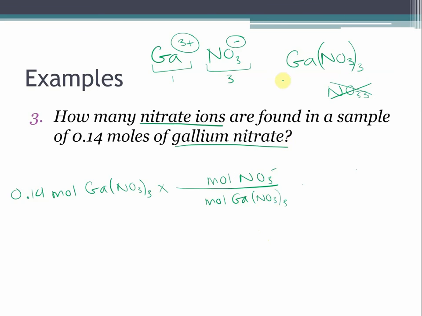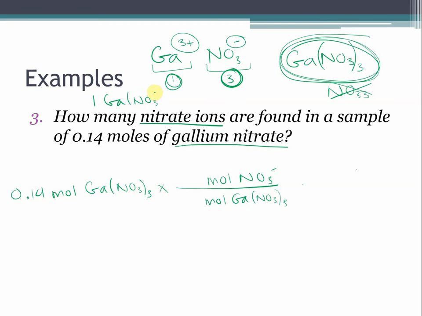Looking at your formula, we said that for every 1 of this formula, we have 3 nitrate ions. So that means that 1 gallium nitrate contains 3 nitrate ions. Or 1 mole of gallium nitrate contains 3 moles of nitrate ions.